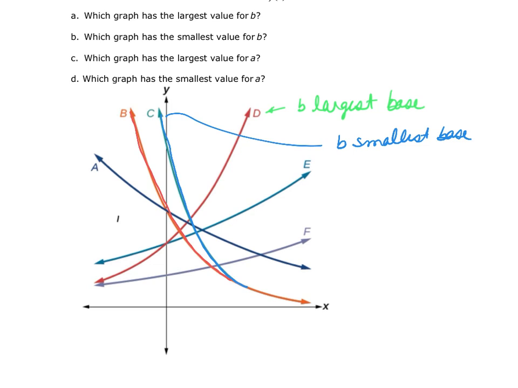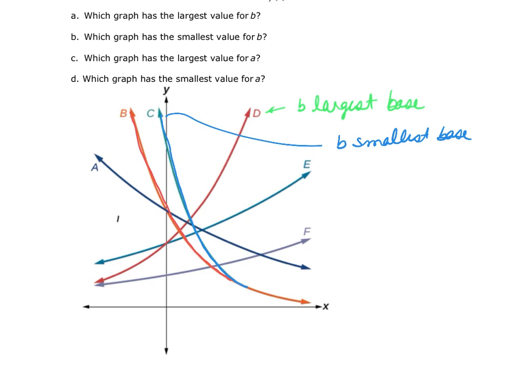Then we have to figure out which one of these has the largest a value. Well, I'm going to look just strictly at my steepest curve, and I don't really care about whether or not it's increasing or decreasing. I'm looking for the steepest curve.